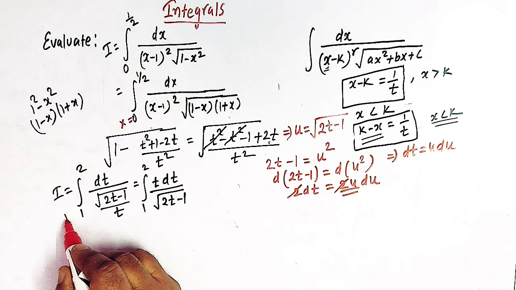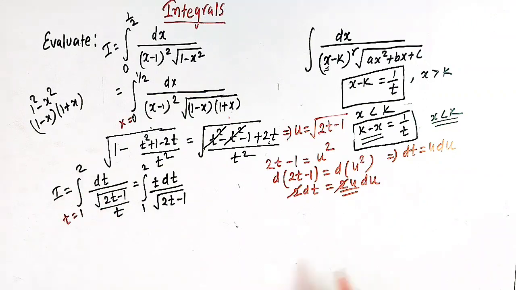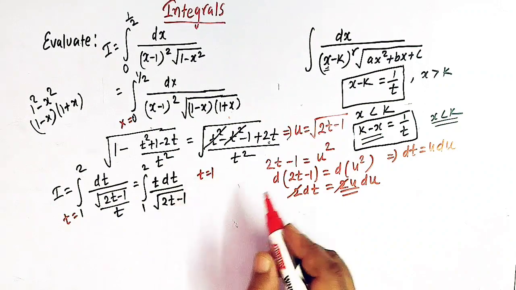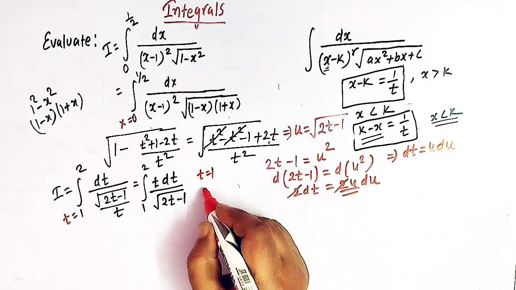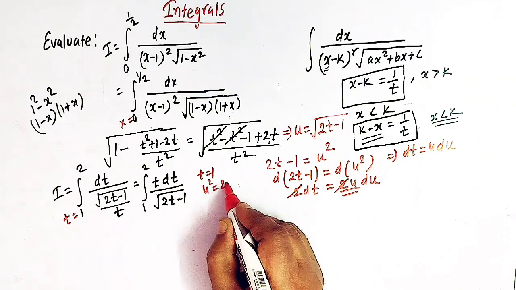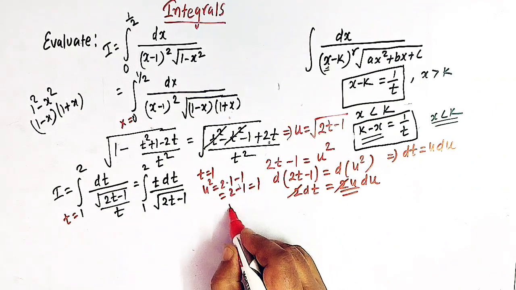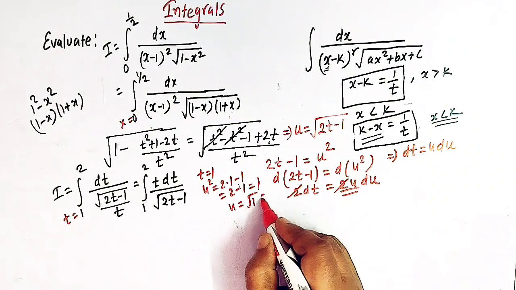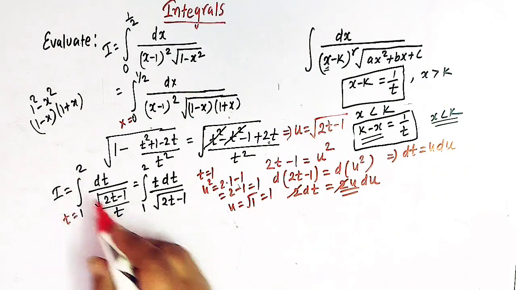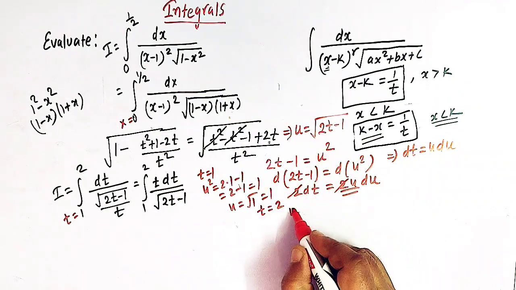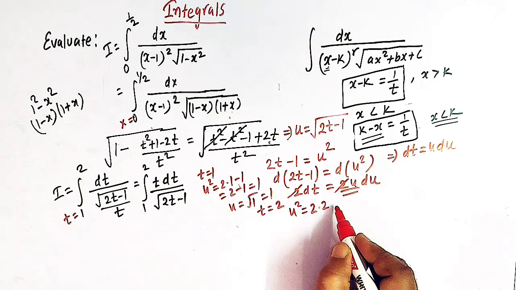Now here the limits vary from 1 to 2. So let us take t is equal to 1. So when t is equal to 1, u square is equal to 2 times 1 minus 1, that is 2 minus 1, which is 1. So u is the square root of 1, that is 1, right? And when t is 2, then the value of u square is 2 times 2 minus 1.